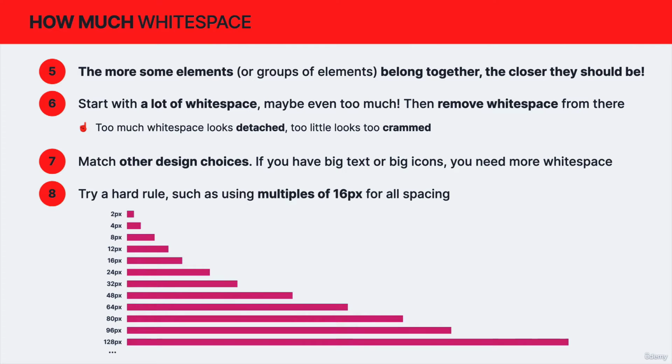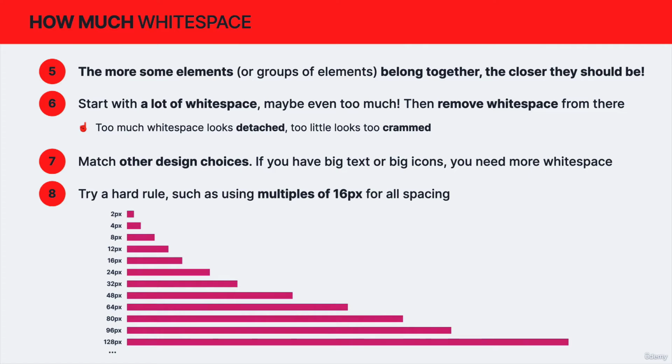But instead, you can use a rule like this one, which only uses multiples of 16 pixels for all the margins and paddings that we apply on a page. Now, you will also need to add some smaller values like 2 and 4 and 8 and 12 pixels, but in general, from there on, all the other values are multiples of 16 pixels, and some of them are even skipped just in order to limit your choices.